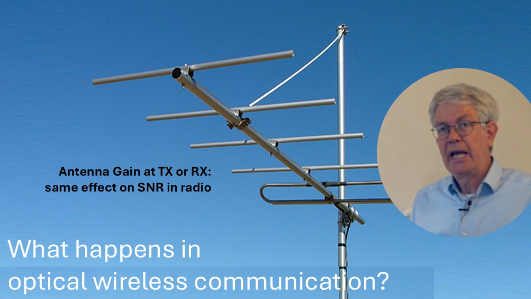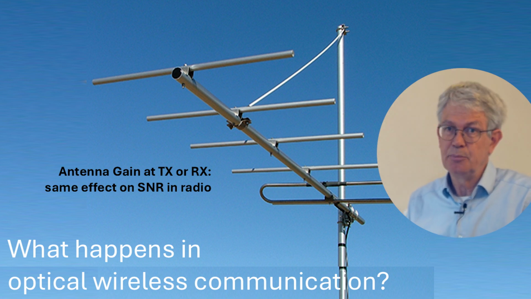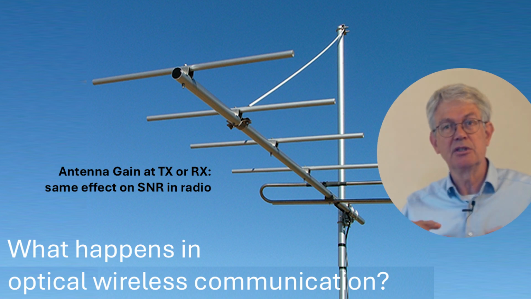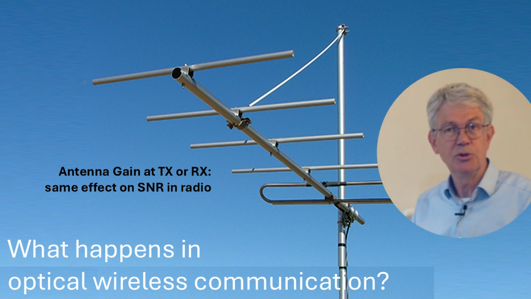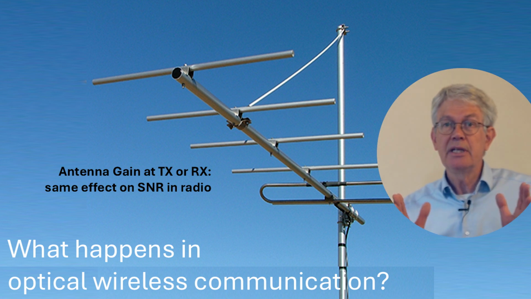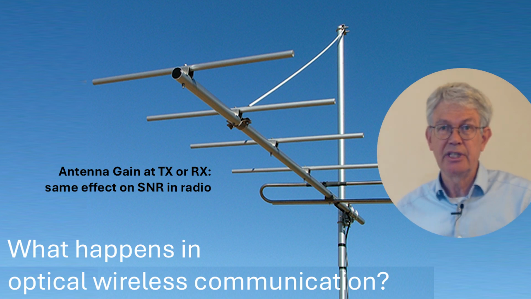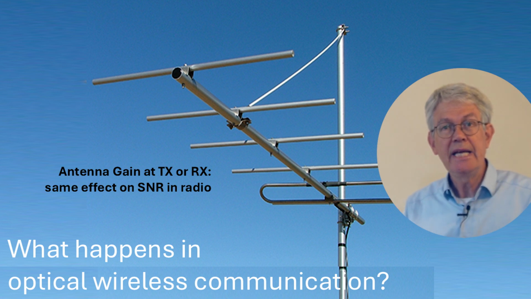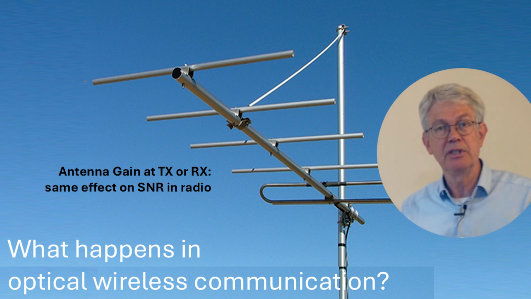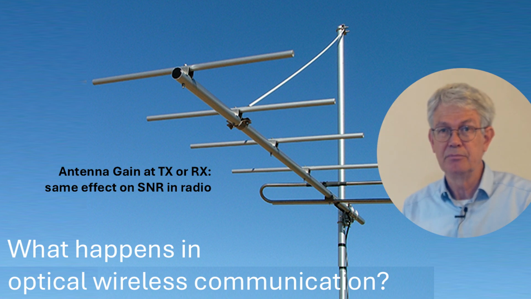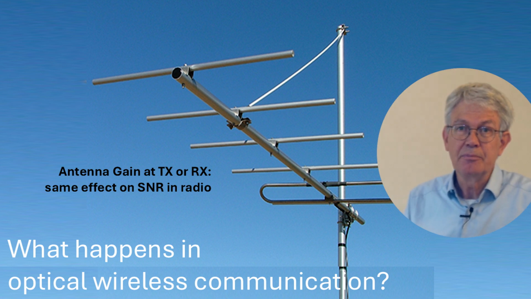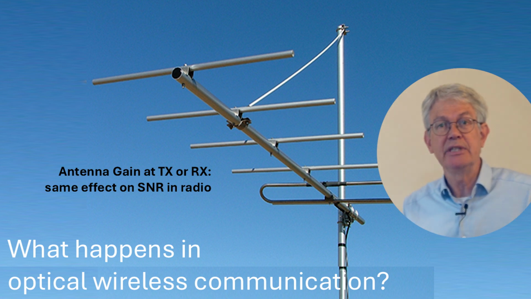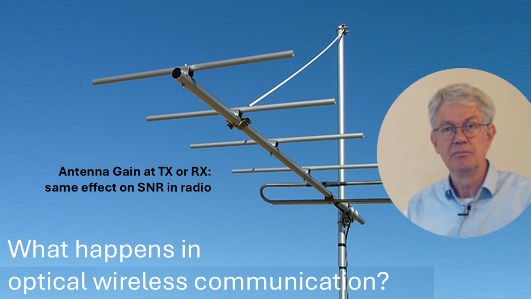The example that I like to give here is: if a radio link is a bit weak and the signals are somewhere down in the noise, you can improve that a lot by making the antenna directional, by sending the power in the direction where you want to have it. So a gain at the transmitter helps in improving the signal-to-noise ratio. But a gain at the receiver also helps, and it helps in the same way to improve the signal-to-noise ratio.